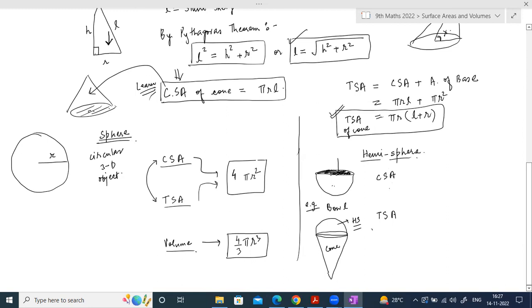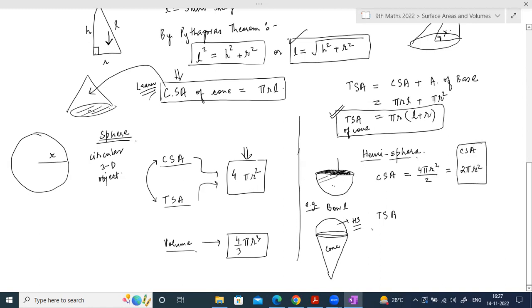So if a sphere's total surface area is 4 pi r square, or its curved surface area is 4 pi r square, what will be the curved surface area of half of a sphere? Just divide it by 2: 2 pi r square. So CSA is 2 pi r square, only this curved portion.